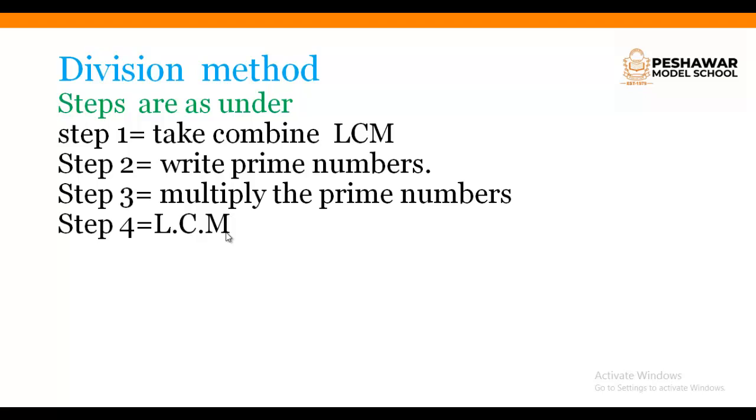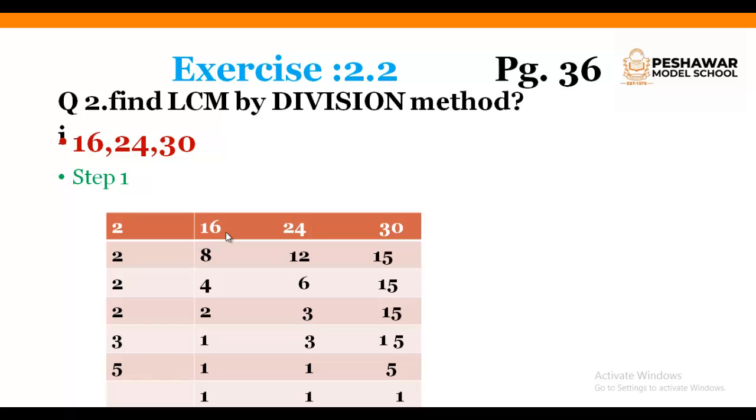So I'm going to apply all these steps in question number 2 of exercise 2.2, which is present in your book on page number 36, and I'm going to find the LCM by the division method. Part number 1, and the numbers are 16, 24, 30.